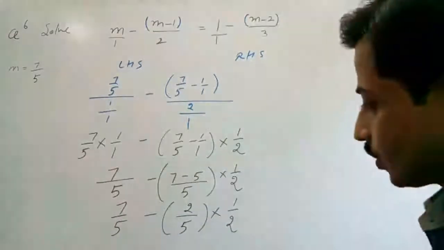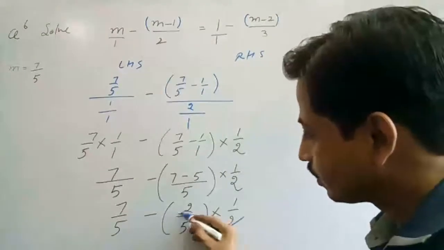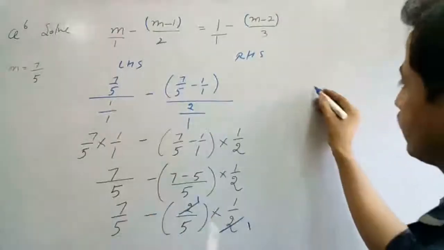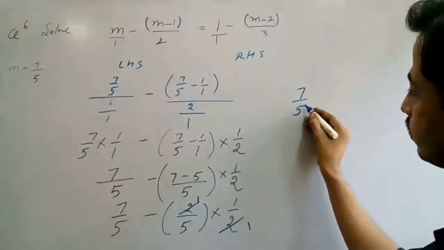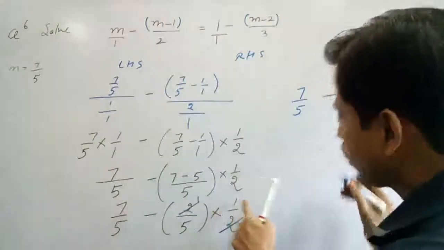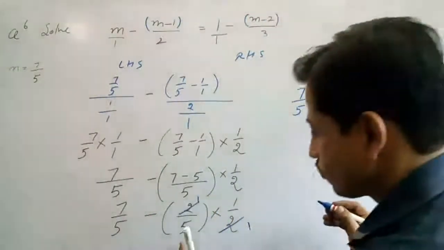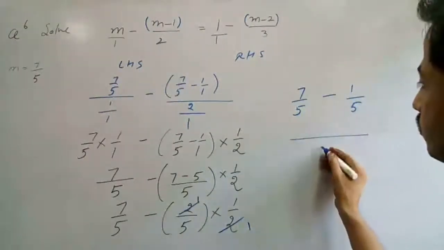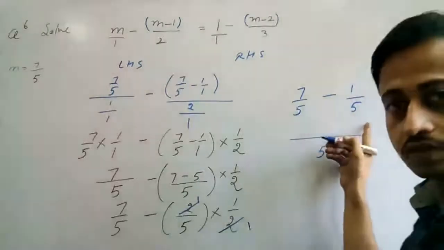Now 2 is cancelled out with 2. 1 2s are 2, 2 1s are 2. What will we get? We get 7 by 5 minus 1 into 1. We get 1. 5 into 1. We get 5. What's the LCM? 5.